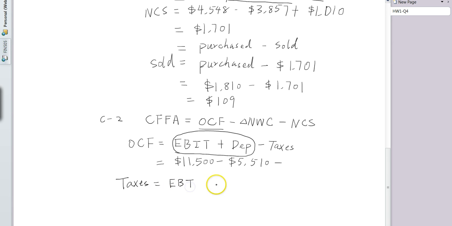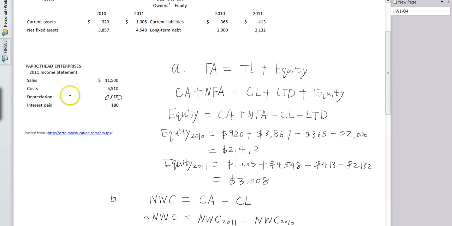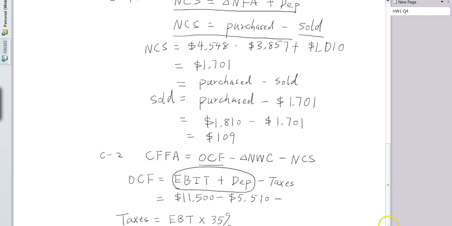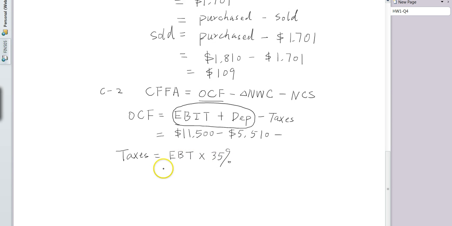That's basically my taxable income. And then times tax rate. Tax rate here is 35% based on the setup. So what about EBT? EBT is basically sales minus cost minus depreciation and then minus interest. So we just need to subtract all those numbers from sales.